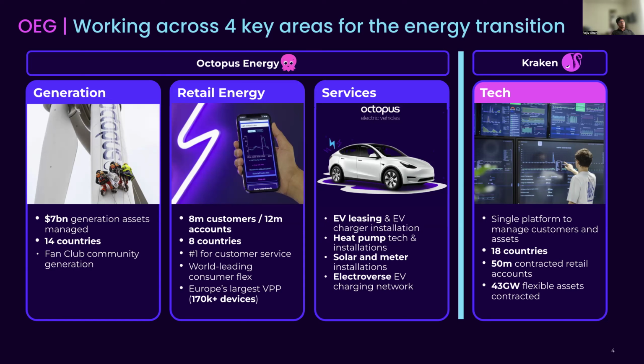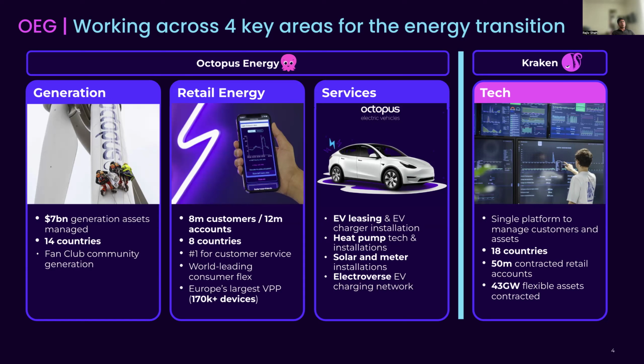We have a services arm that is doing everything from leasing EVs to manufacturing heat pumps to installing DERs in people's homes. And we've also established a charging network of charging networks that has several hundred thousand charge points accessible through a single app interface across Europe.